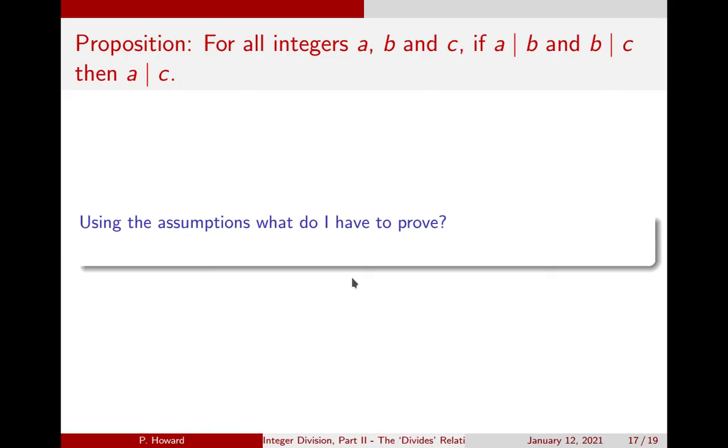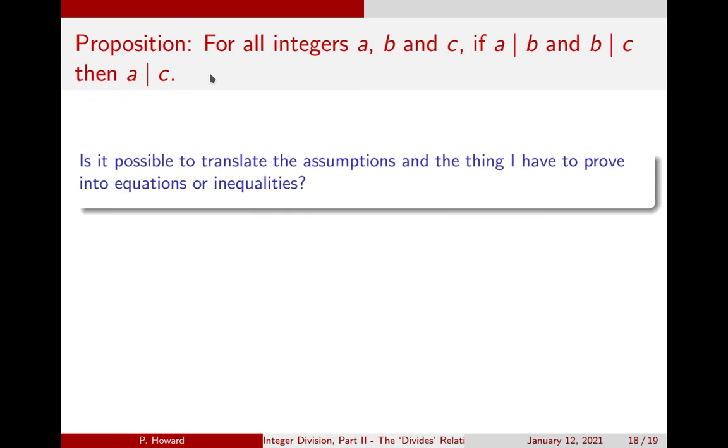Using the assumptions, what do we have to prove? We have to prove the conclusion of the if-then. We have to prove a divides c. Is it possible to translate the assumptions and the thing we have to prove into equations or inequalities?